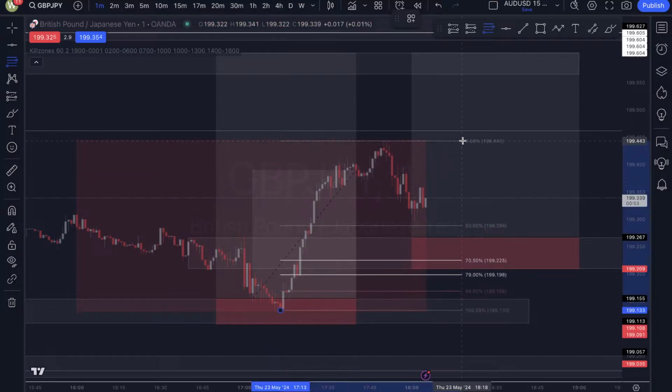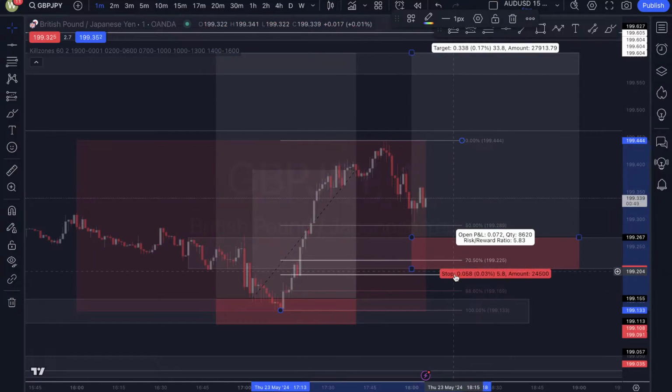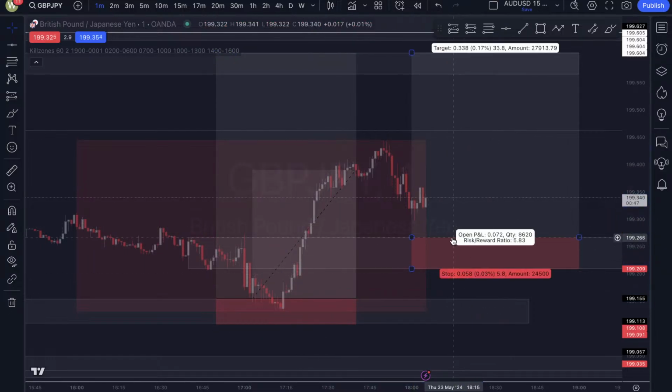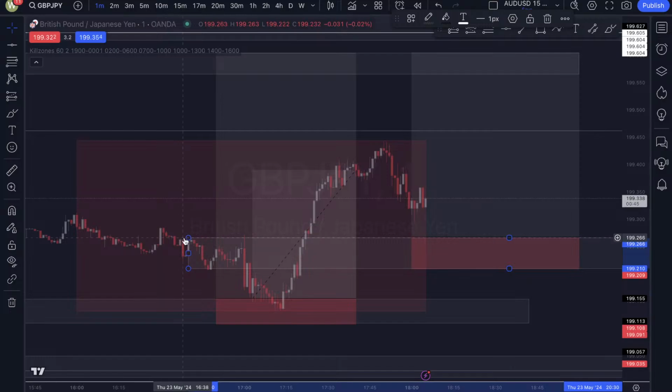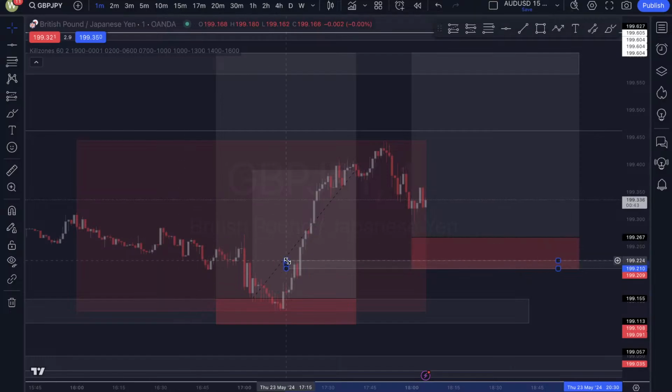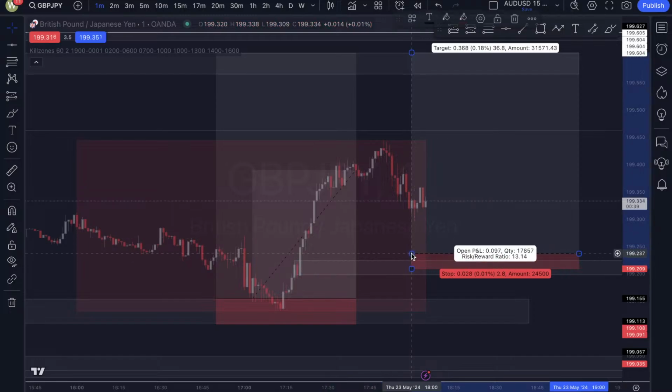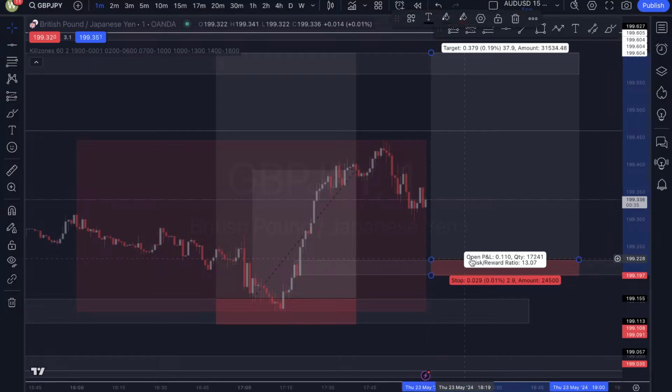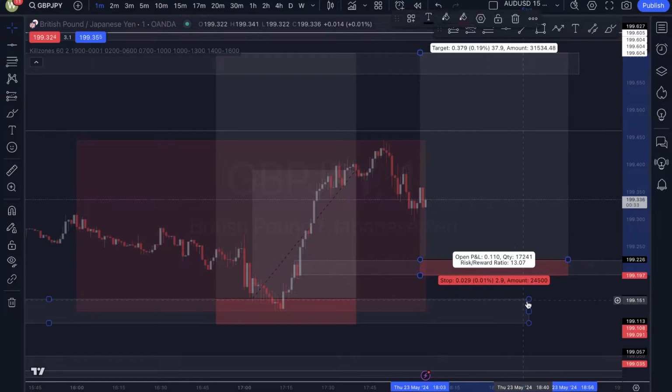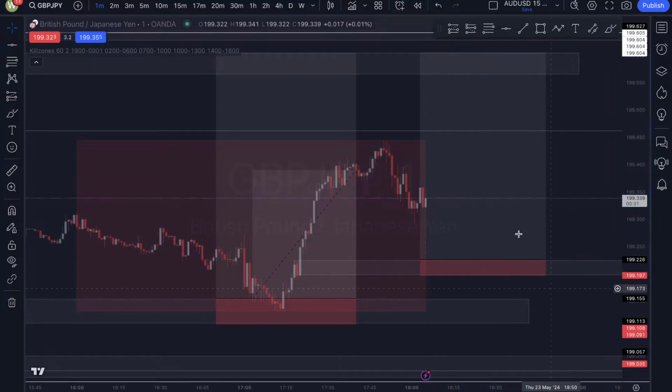We're messing with a new range, so this order block is nice at this level. This order block is nice. I like this level of entry. So let's see what market gives us.